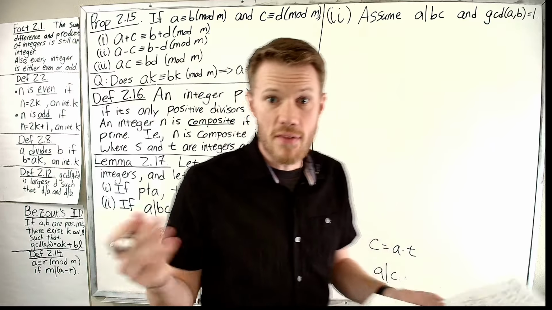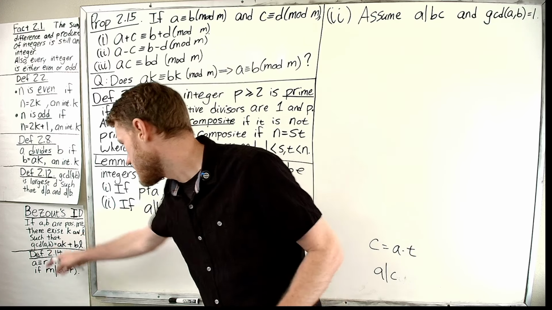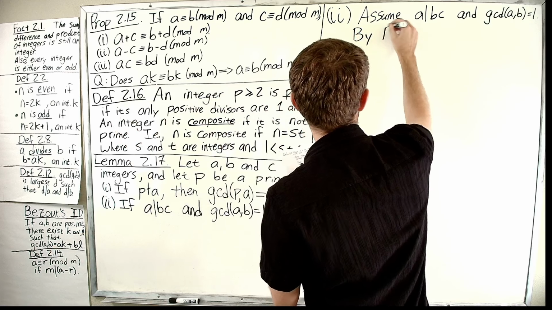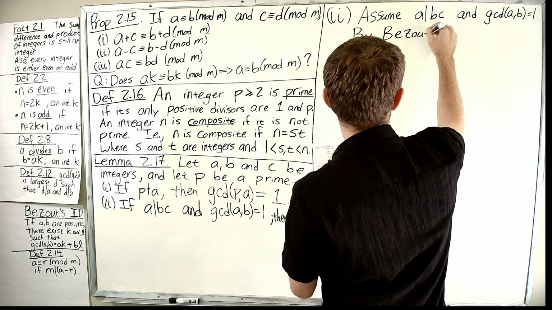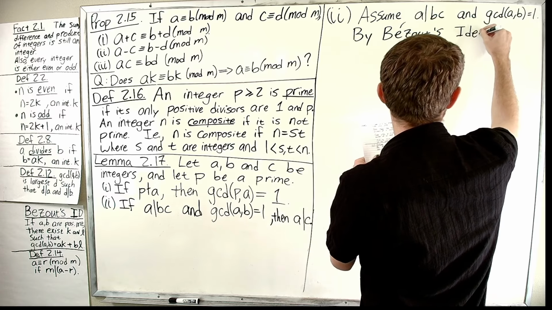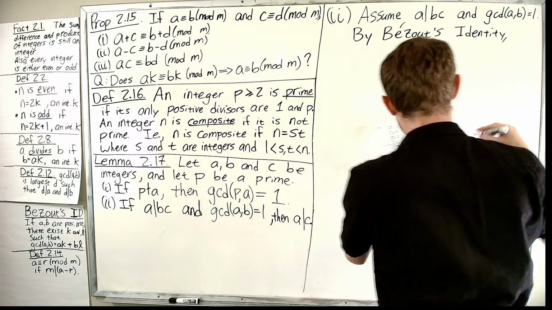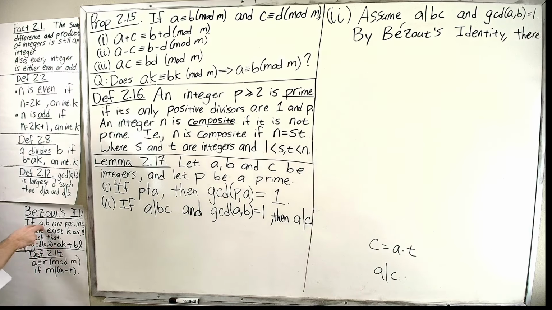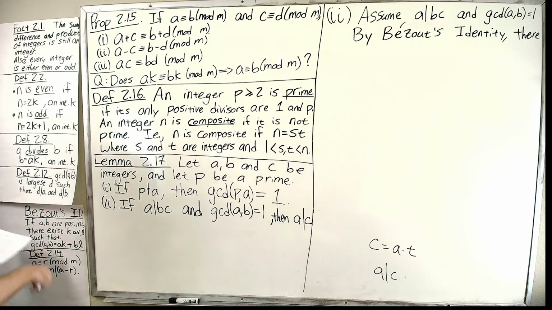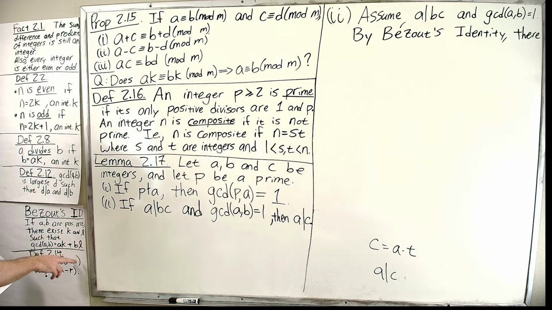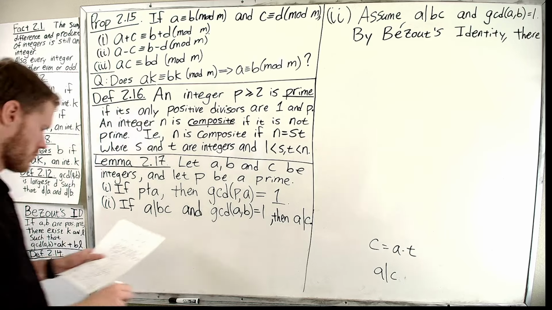Well, as I mentioned, we have a tool that connects integers to GCDs. That's Bezout's identity. So by Bezout's identity, what does it say? It says for any positive integers A and B, and we are going to use the same letters, there exist K and L, which are not used yet, very good, such that the GCD of A and B equals AK plus BL.